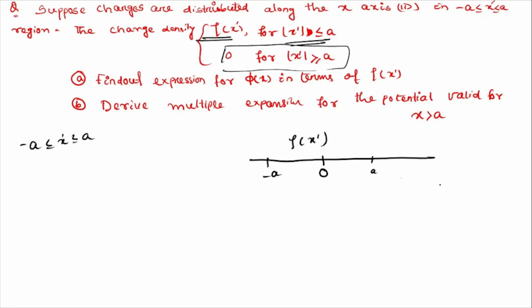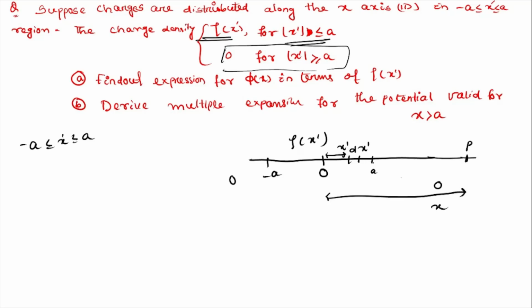In the remaining region the charge density is 0. Let's say I consider a length element at a distance of x prime from the origin. The length element is dx prime. Let's say x is a distance from the origin where I have to find the potential. Let's say this is the point P.